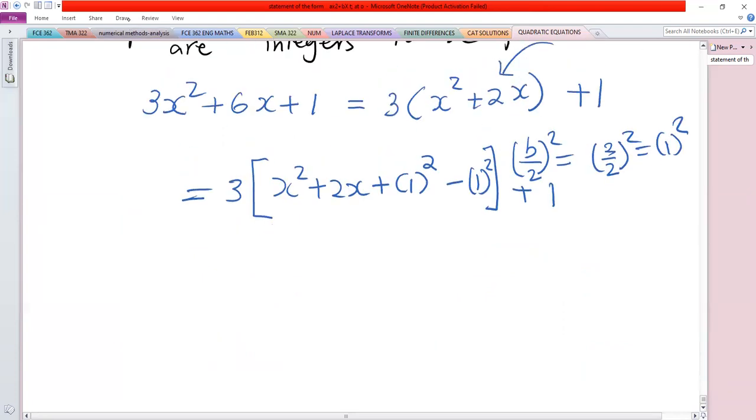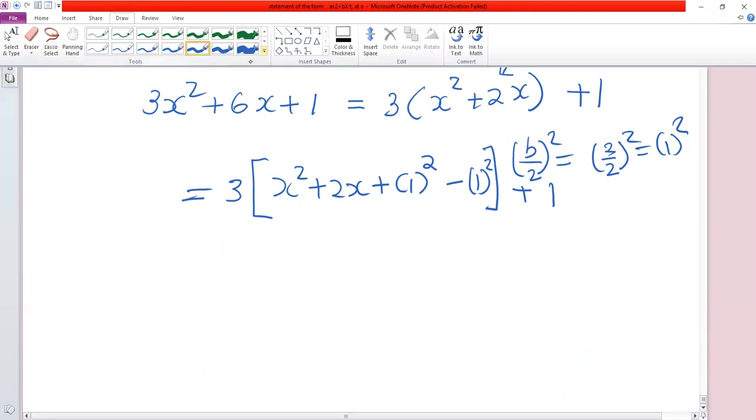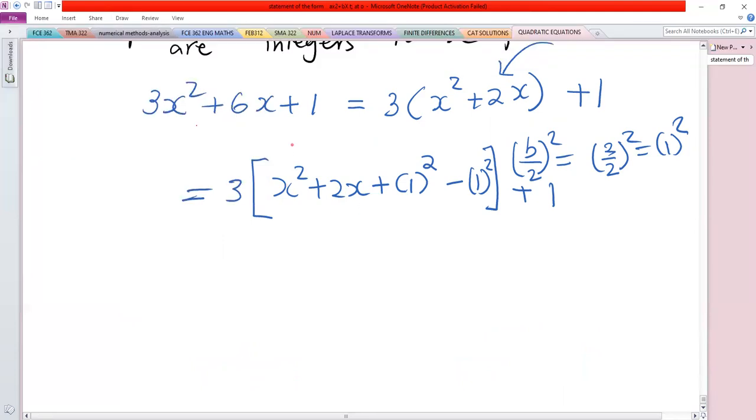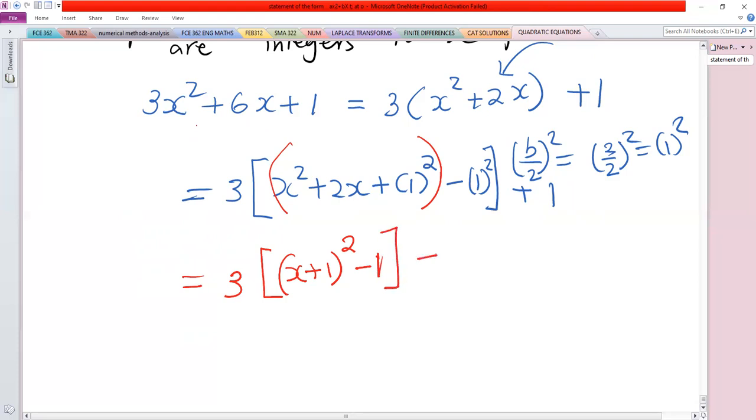Then once you have done that, this part is the same as now x, and then join to this number in bracket plus 1 squared, and then minus 1 squared, just minus 1, plus 1.